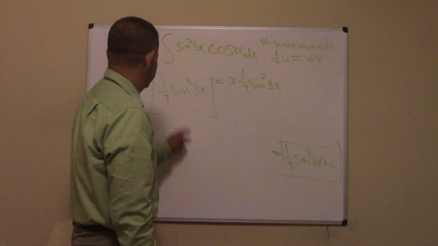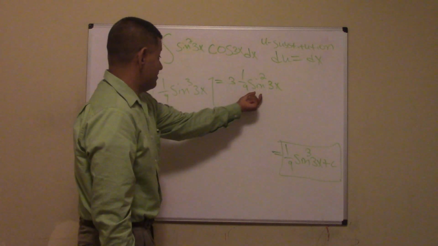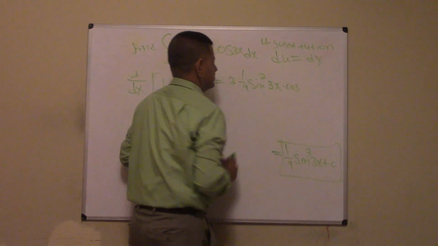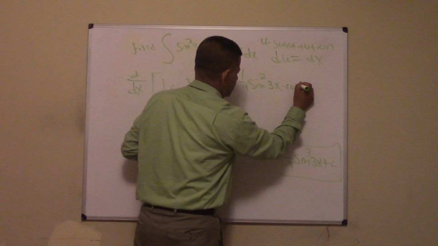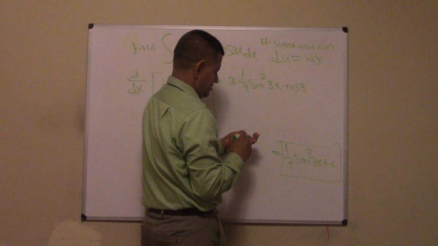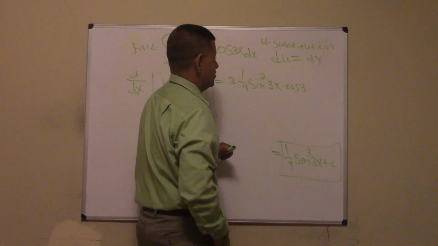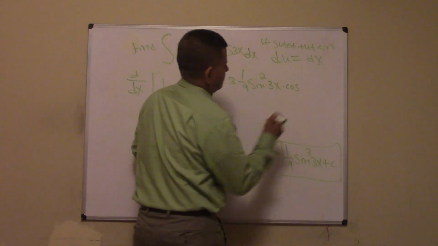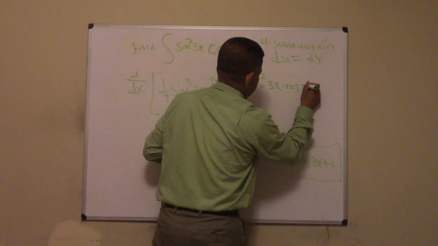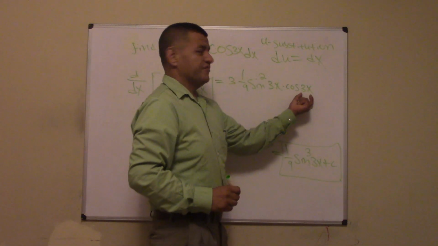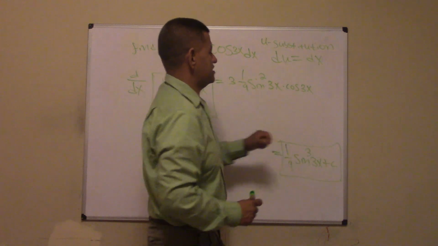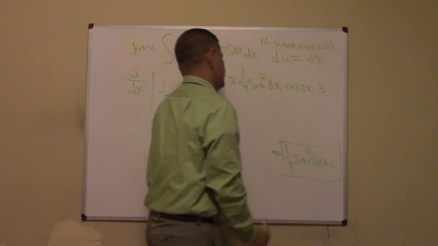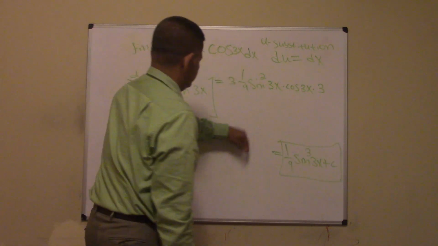Then I take the derivative of sine, which is cosine, and I keep the 3x. Remember, using the chain rule, I then take the derivative of the inside, of this 3x, which is equal to 3.